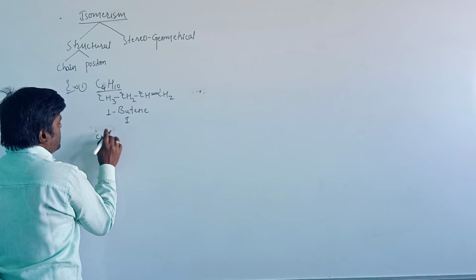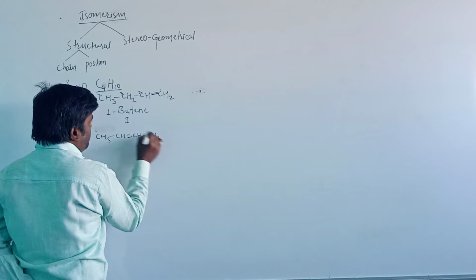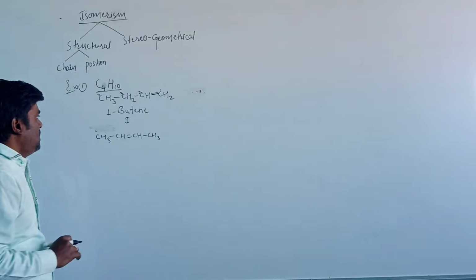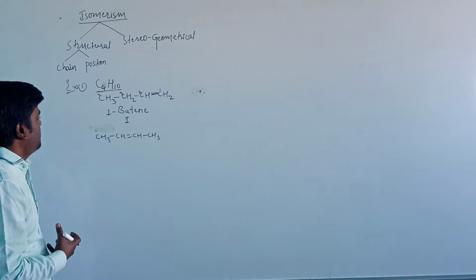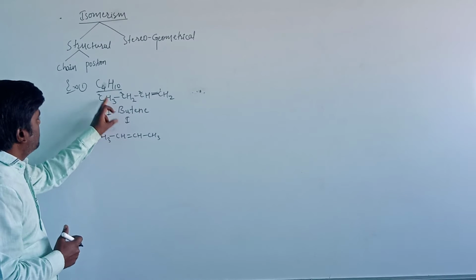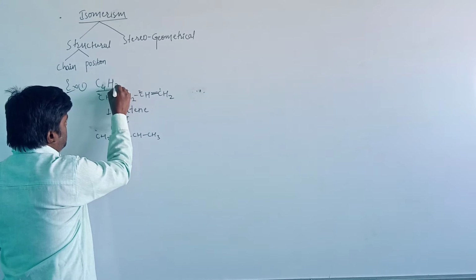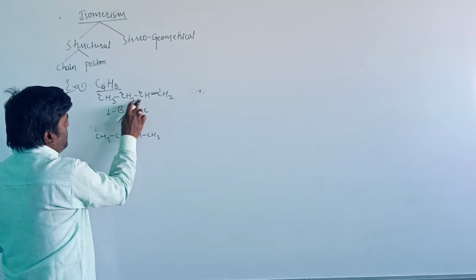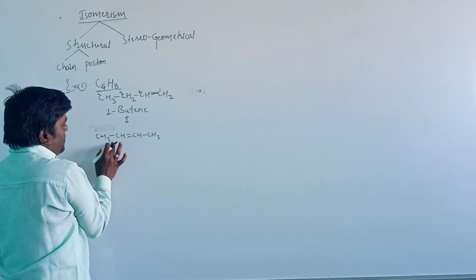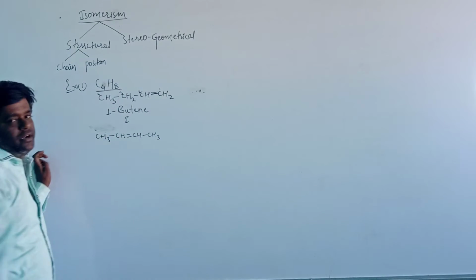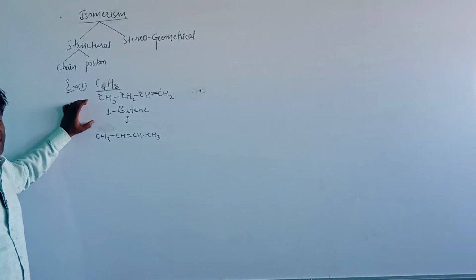The next one is CH3 CH double bond CH CH3. When we compare these two structures, both have the same number of carbon atoms, 4, and the same number of hydrogen atoms, 8.